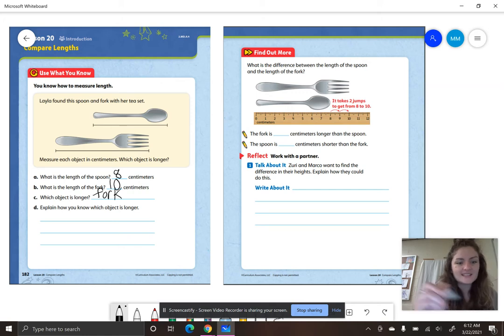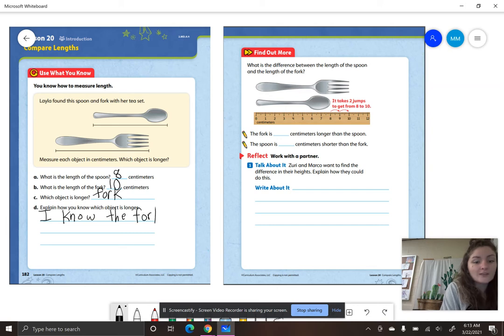And letter D says, explain how you know which object is longer. So how do we know that 10 centimeters is longer than 8 centimeters? Because 10 is a bigger number than 8. So we can say, I know, I'm using complete sentences. I know the fork, that R controlled vowel, O-R, or.